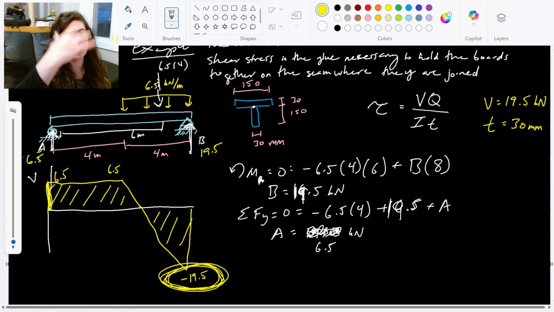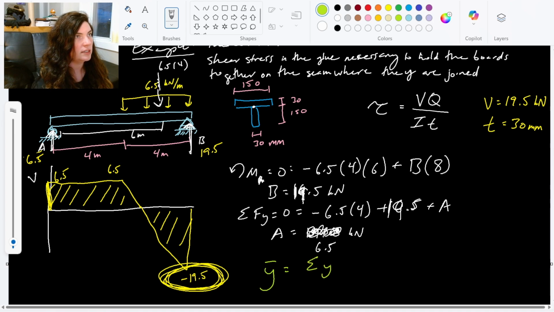It's not vertically symmetrical, right? It has a larger top and a skinnier bottom. So we can't just say that it happens at the halfway point, because it doesn't, right? That's not where the centroid is. We're going to have to use our centroid equation to find where the center of this T is. I'm going to find my centroid first before we do anything else.